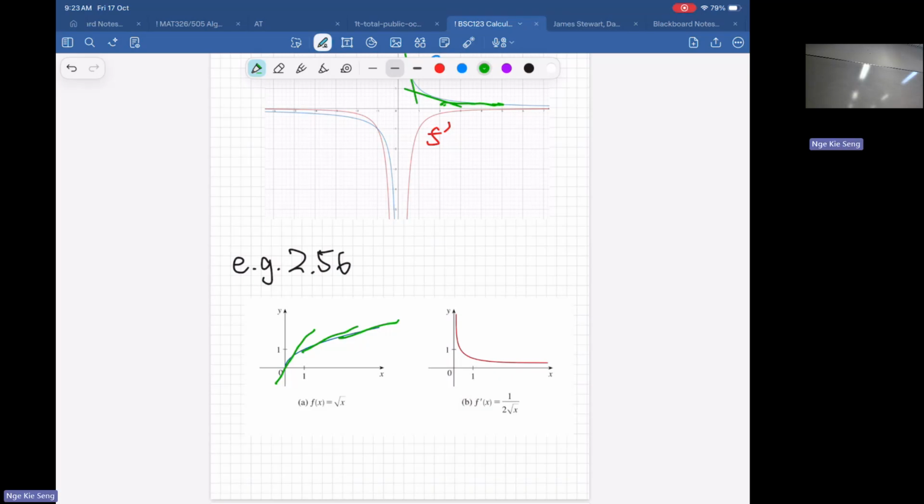You can see that when x goes to infinity, it gets very close to a horizontal line. What is the gradient of a horizontal line? The gradient is 0. That's why you see the gradient function decrease to almost 0, and close to 0 it shoots up, almost like a vertical line.